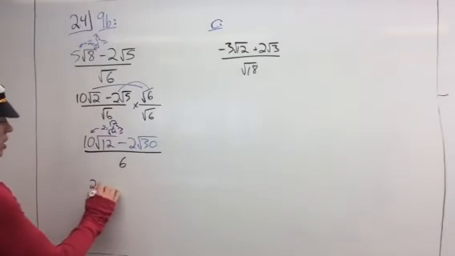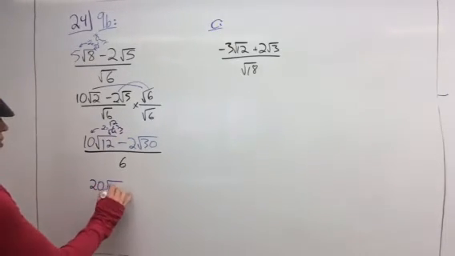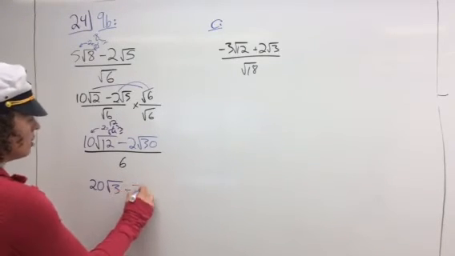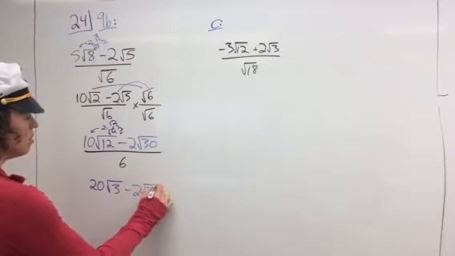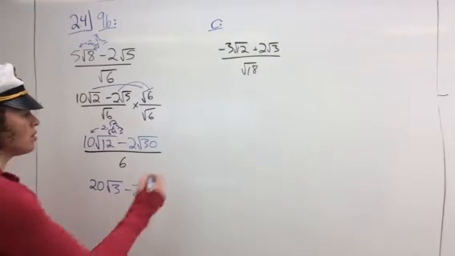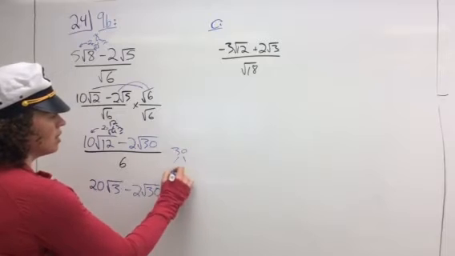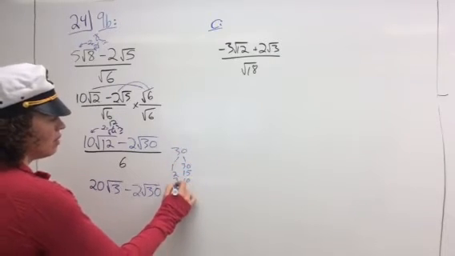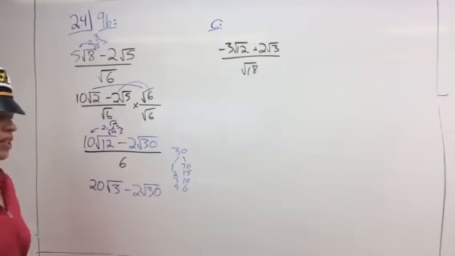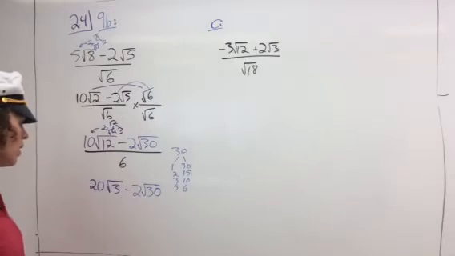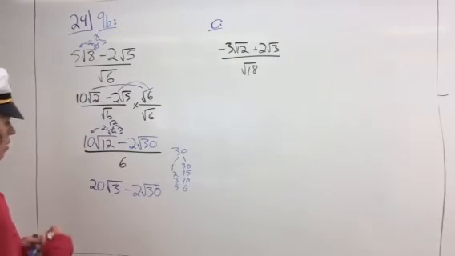So now it's going to look like 20 root 3 minus 2 root 30, and I can look at 30 and try to figure out the factors of 30: 1 and 30, 2 and 15, 3 and 10, 5 and 6. There aren't any that have a perfect square. Even though it's a big number, it's just going to stay where it is. And of course, that's all over 6.